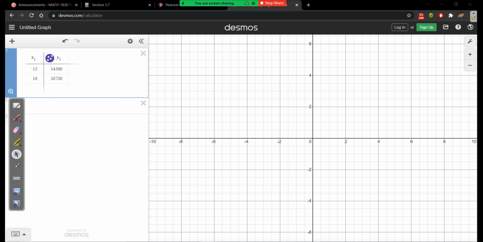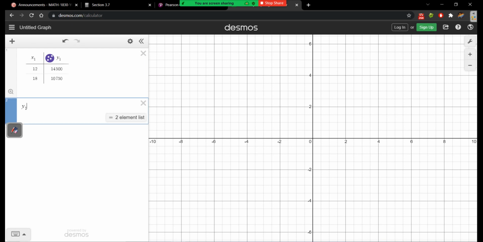Once we have this table, we have to make a regression on it. In order to do that, you have to input this. So you're going to put y, and then 1. It'll automatically put a subscript for you. Then I'm going to hit shift tilde, which is the symbol beside the 1. Make sure you hit shift for that.